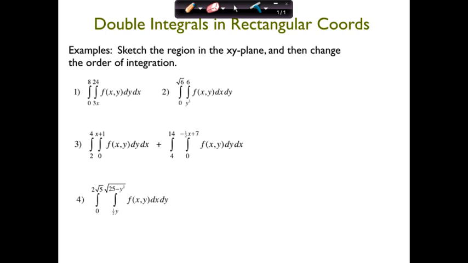So the last one is type 1 or type 2? Type 2, so we're going left to right first. The left side is x equals 1/2 y. The right side is the square root of 25 minus y squared. This is a circle of radius 5.